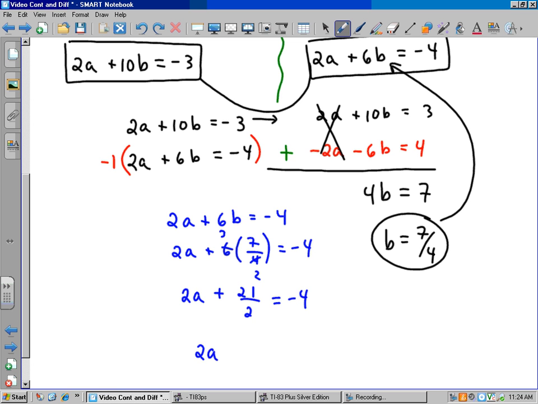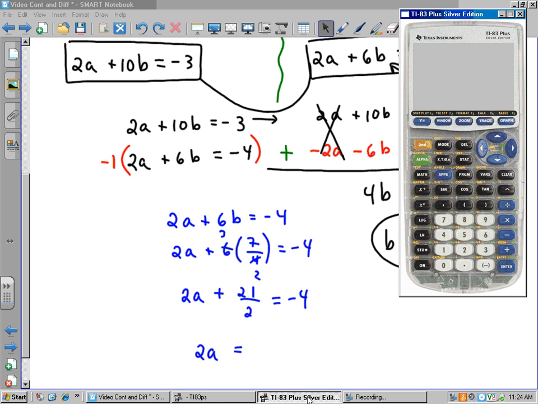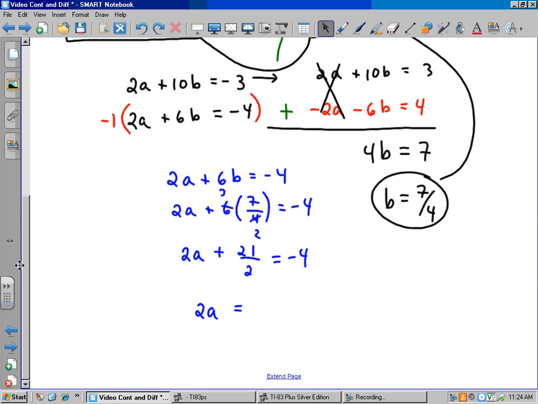So 2a equals, let's do this on the calculator to make my life easy. I know I probably shouldn't do this, but -4 minus 10.5 is going to be -14.5 divided by 2 should be -7.25. Is that right? I hope that's right.